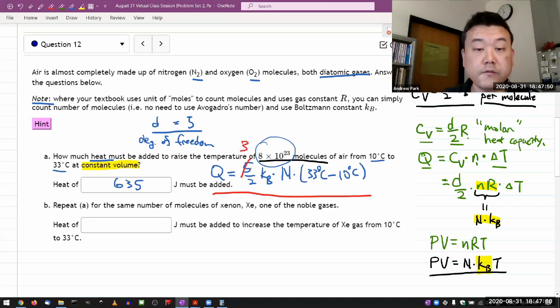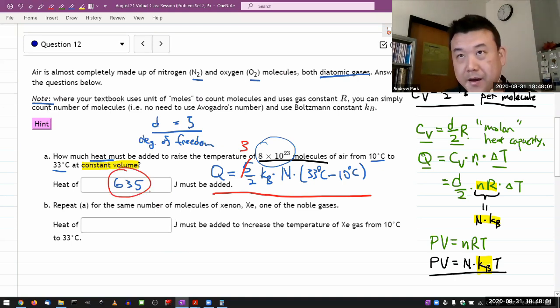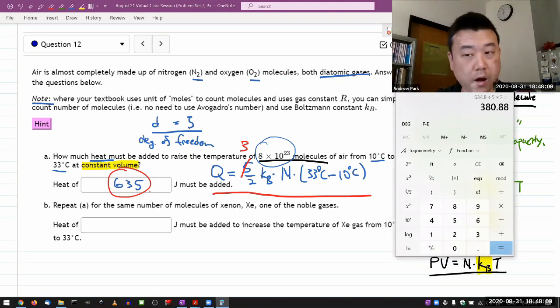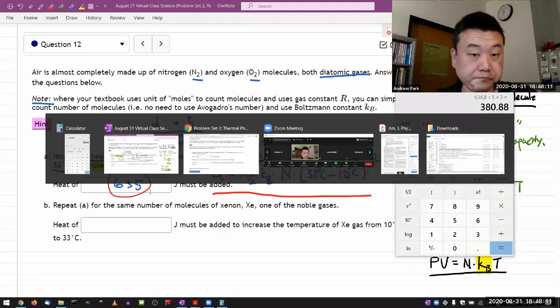So instead of 5/2, you'll have 3/2. And I can actually calculate the number here based on this. So I can divide it by 5, multiply it by 3. That should give me the right answer. So let me try that. Divide by 5, multiply by 3. So 381 joules.